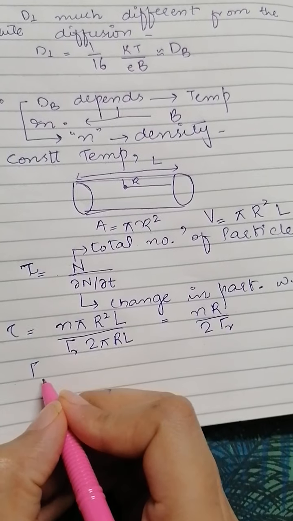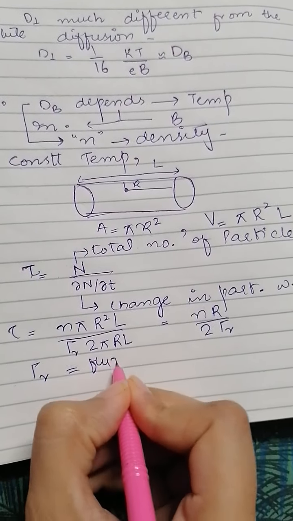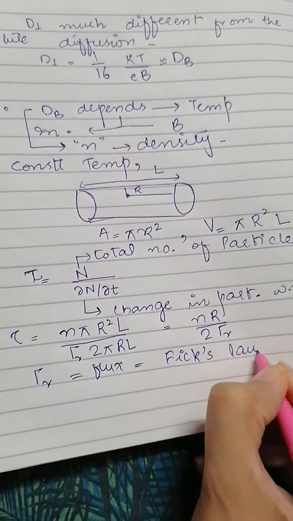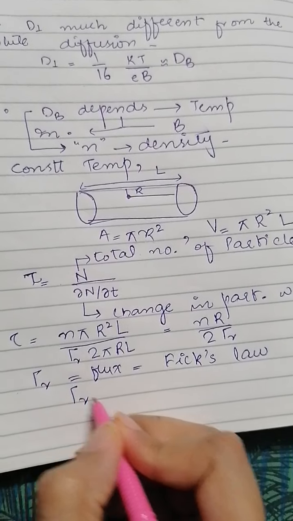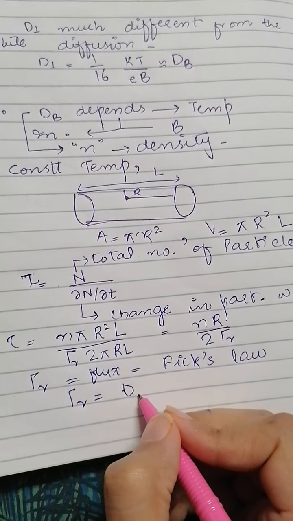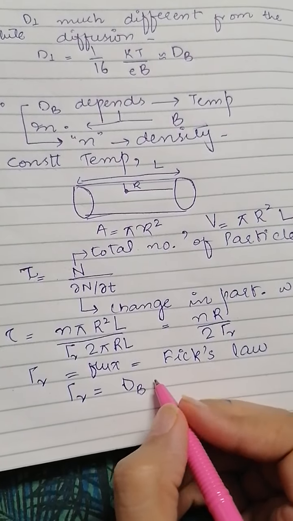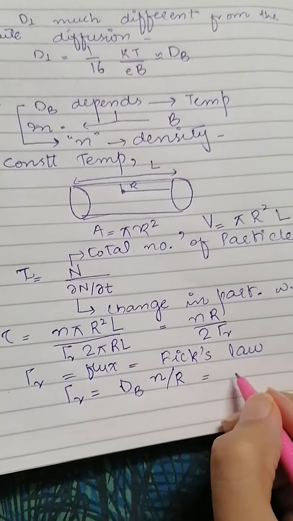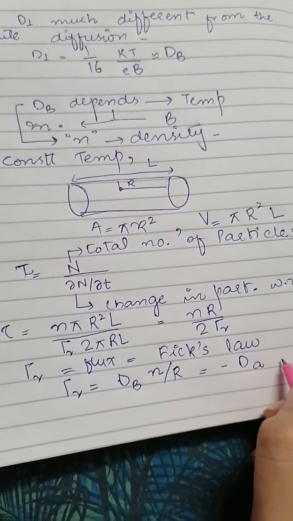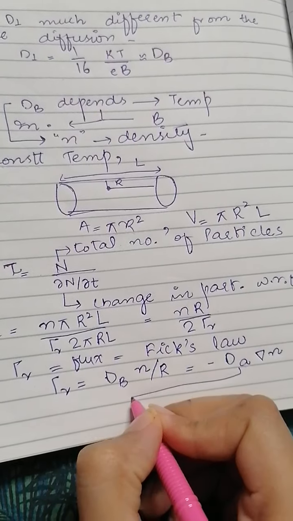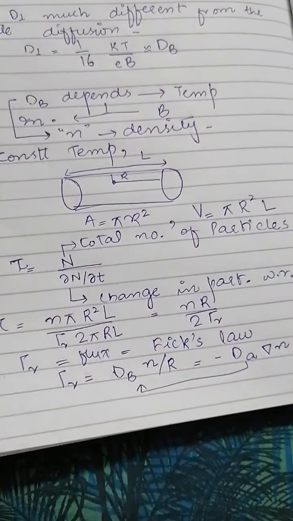This flux is also known as Fick's law, and according to Fick's law, flux is equal to minus bipolar diffusion times partial n over partial r, and we can write it also like this for our Bohm diffusion.